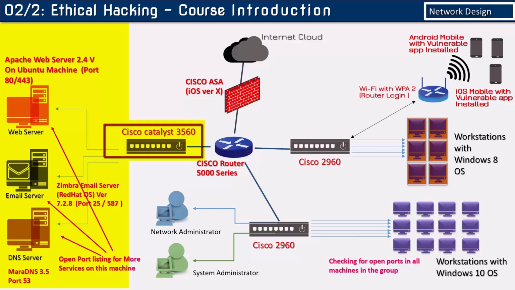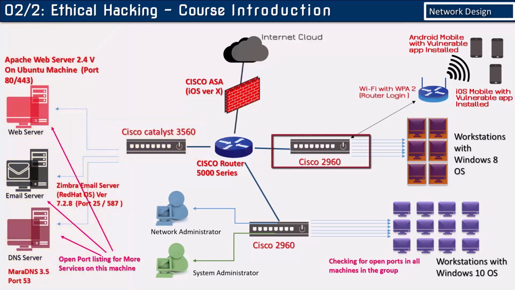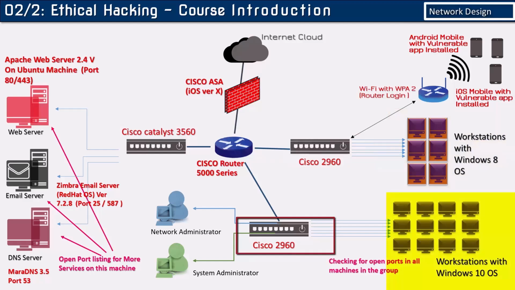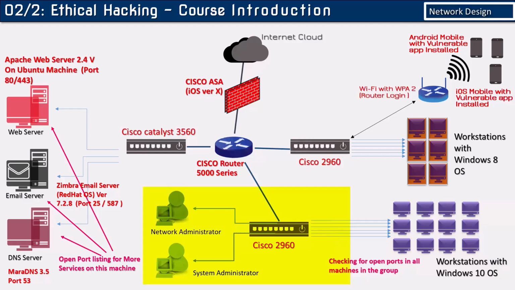And the Cisco 2960 switch has some workstations of some department with Windows 8 operating system, and the other switch has workstations of some other department, say for example the finance department or a development department, which has n number of Windows 10 machines. And there are also two other machines related to a network administrator and a system administrator.